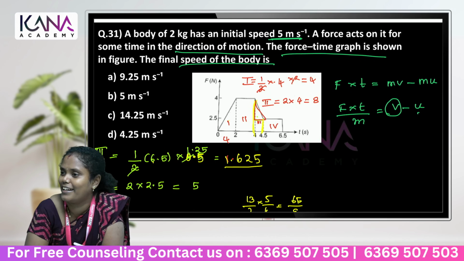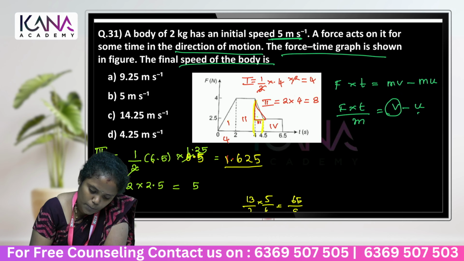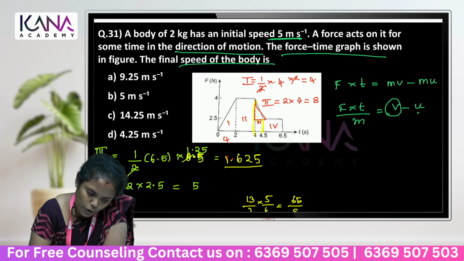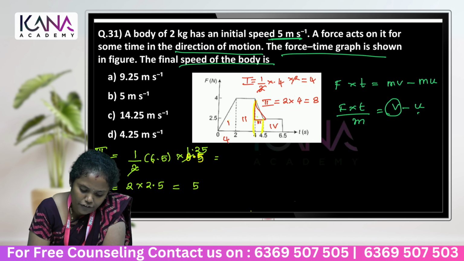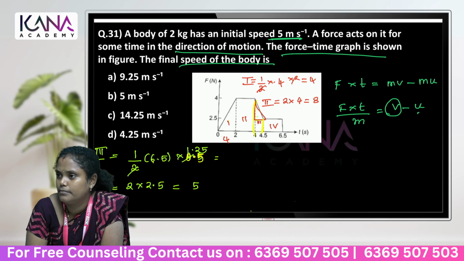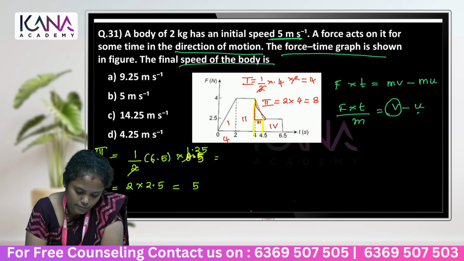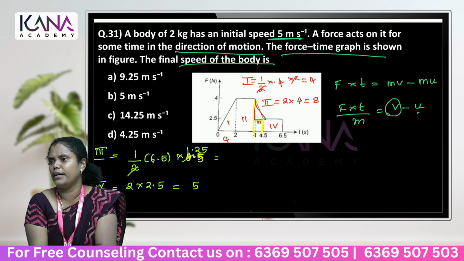So 0.5 means it is 6.5 by 4. 0.5 by 4 means 13 by 8.